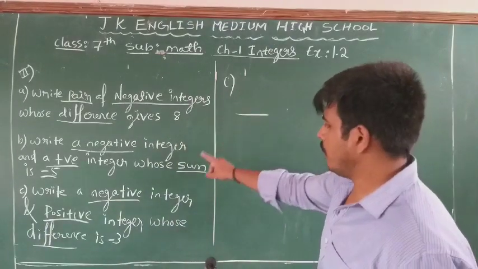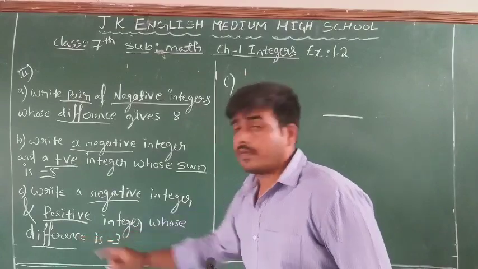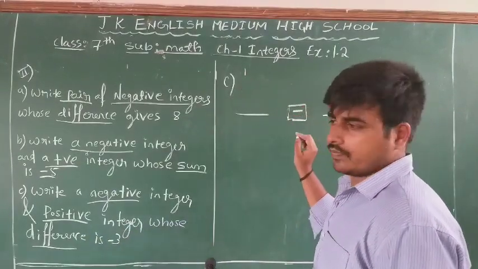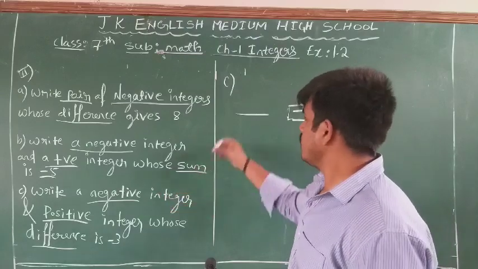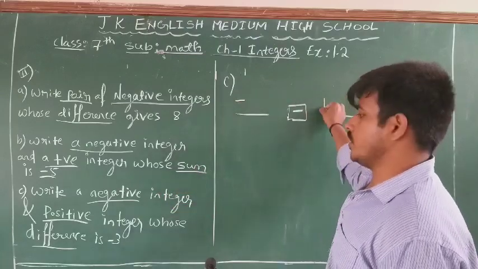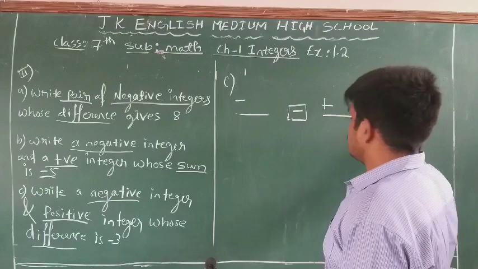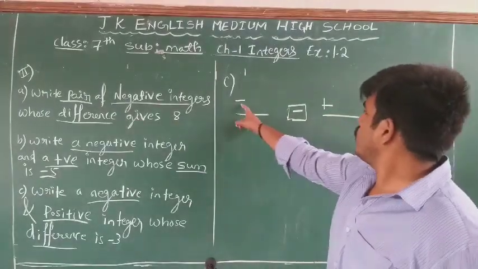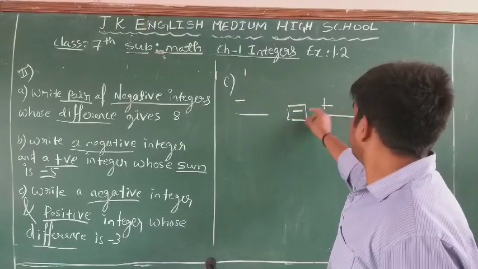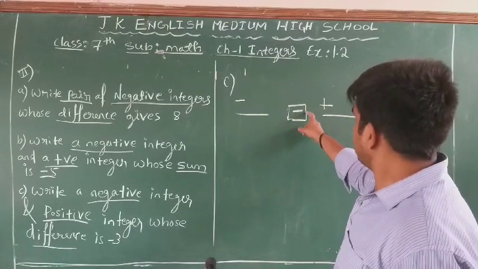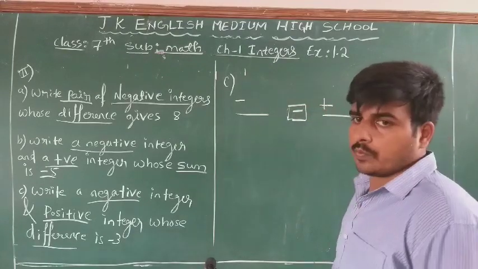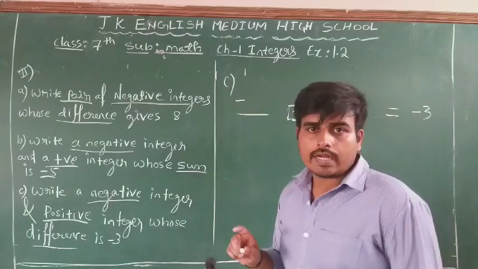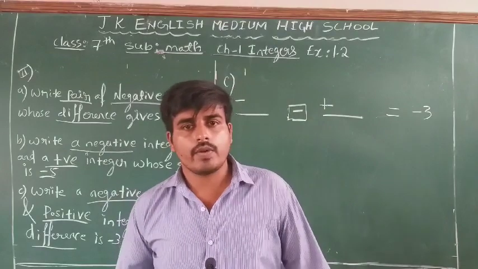Among these two, the operation is fixed. Difference means which operation? Negative operation, minus. Among these two, one is negative, another one is positive, and the answer must be minus. If one is negative, another one positive, but minus into plus will give you minus. Therefore both numbers will become minus.